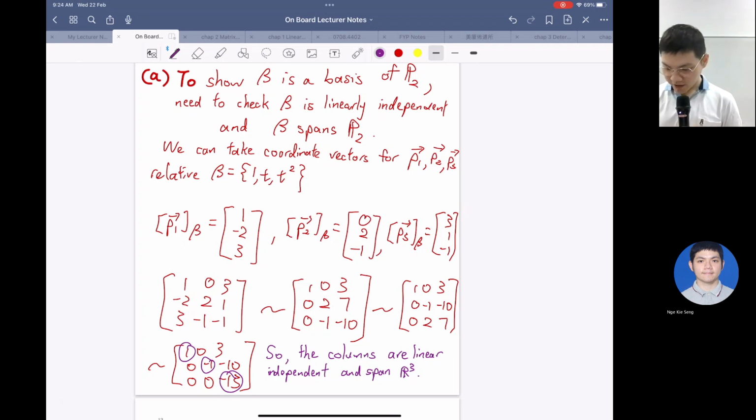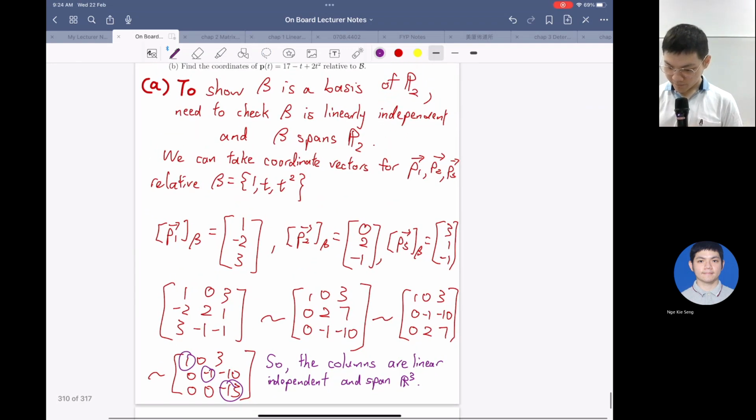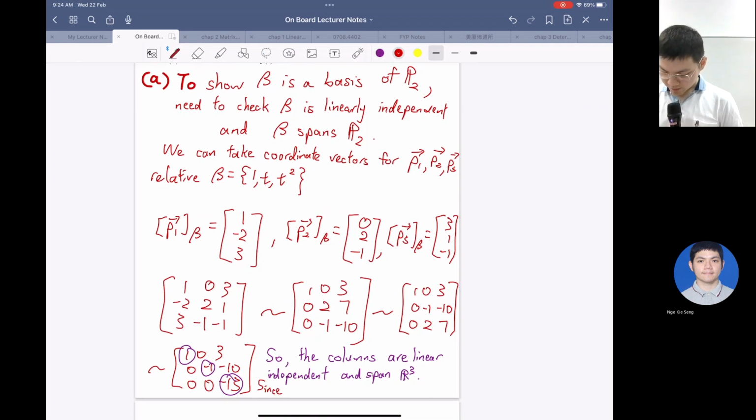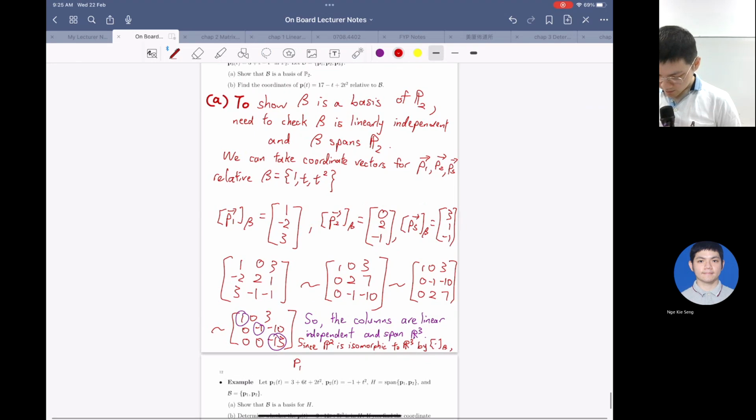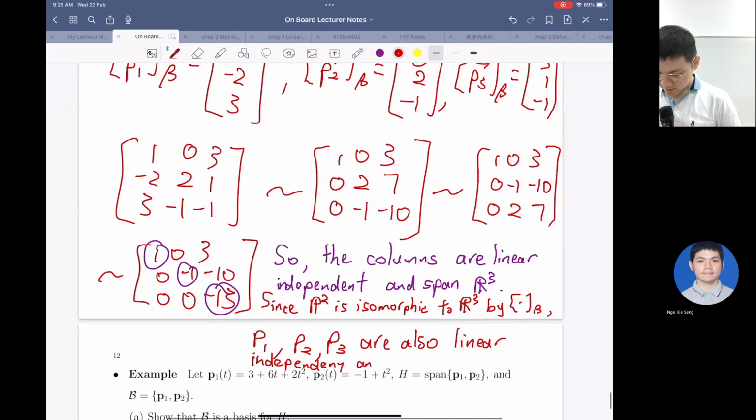So in this case, we can deduce that since P2 is isomorphic to R3 by the coordinate vector map, P1, P2, P3 are also linearly independent and span P2.